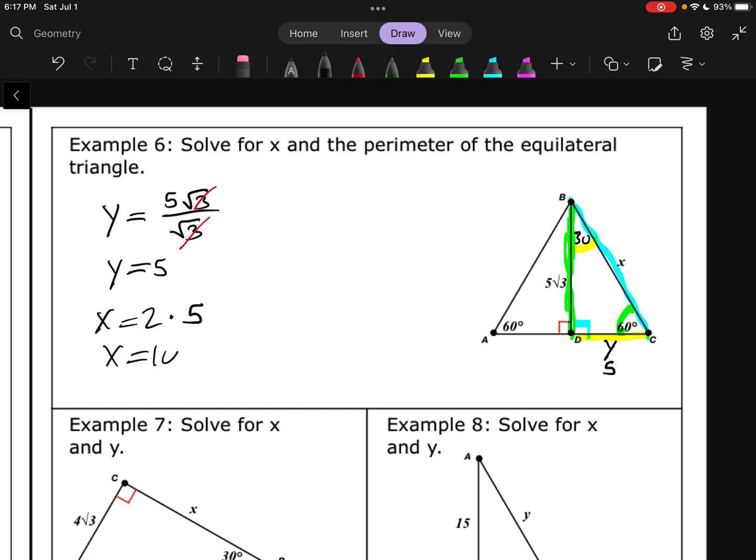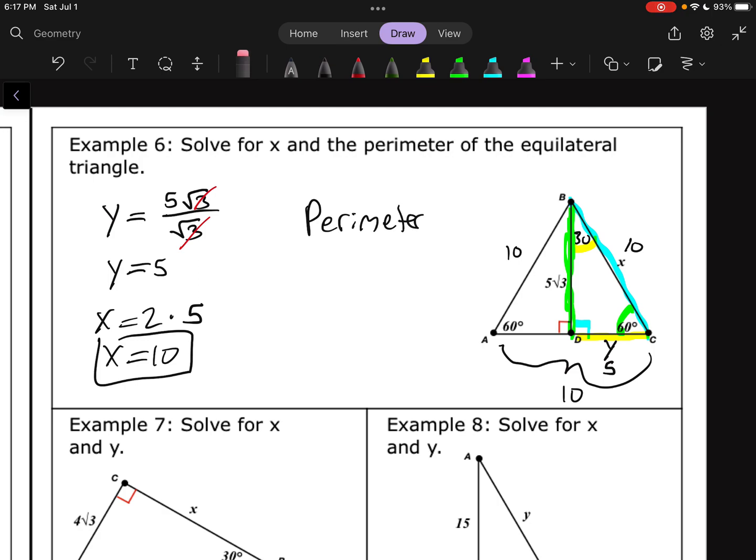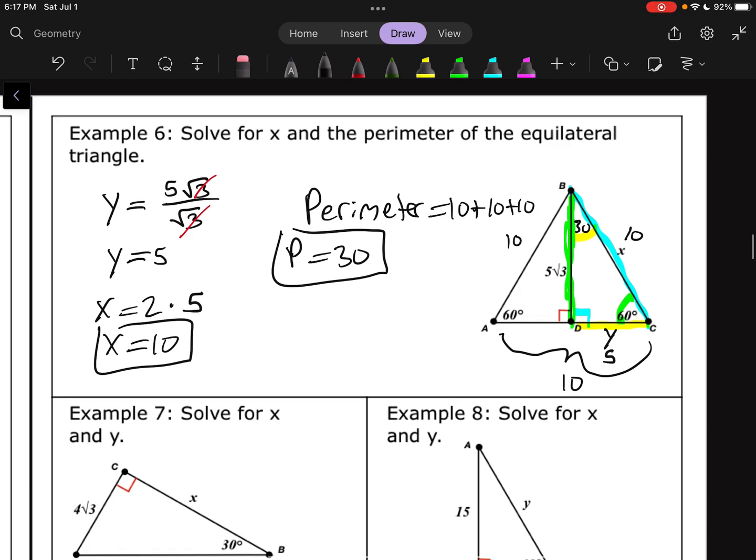So X should be 10. And if that's 10, that means every side of my equilateral triangle is 10. So the perimeter should be 10 plus 10 plus 10. So the perimeter should be 30. No problemo.